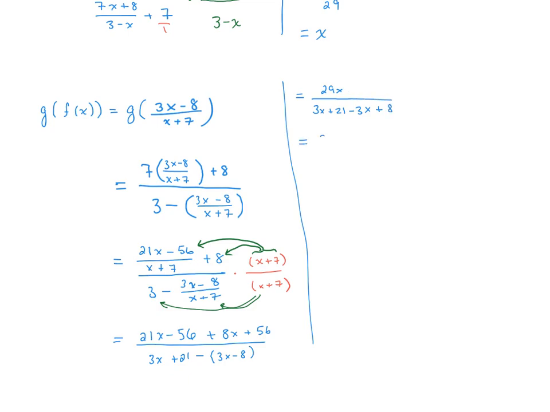And so we get 29x over 29, which is just x. Now because f of g of x is x and g of f of x is x, we can finally say that f and g are inverses.